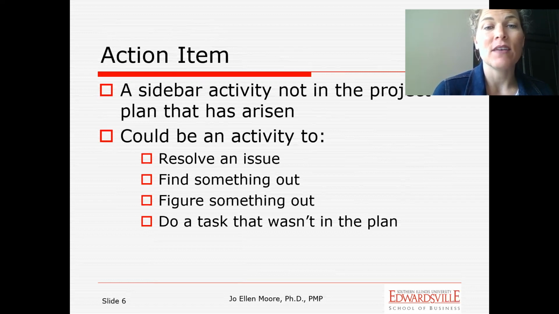And you'd identify what the activity is that needs to be added to the list. Then you essentially do some of the same things that you would on your WBS. So you identify the activity, and you can see some examples. The activity can be to resolve an issue, to find something out, go get some additional information, whatever it might be.